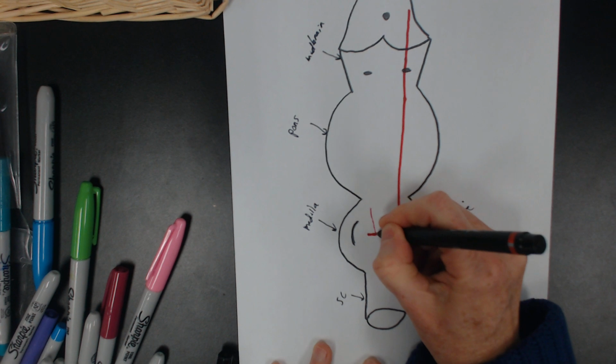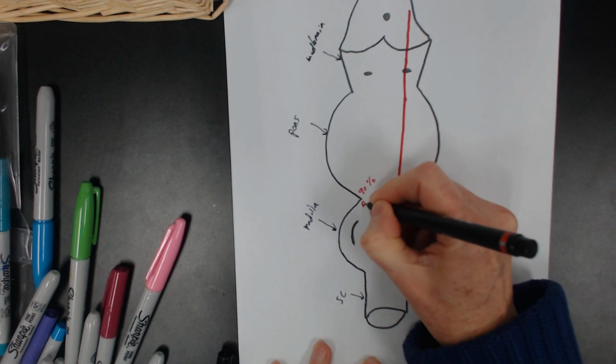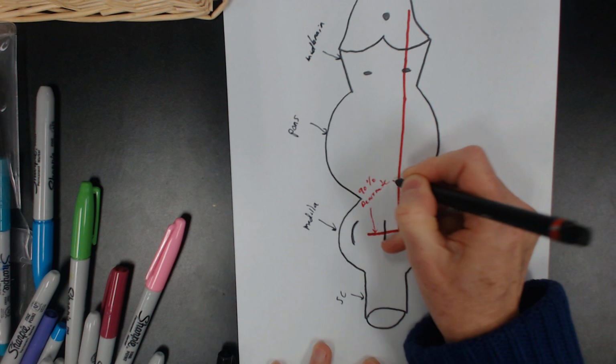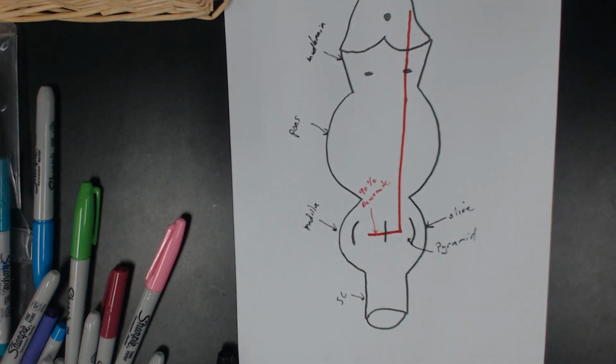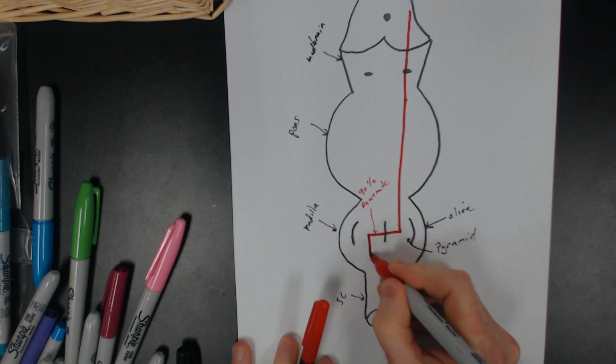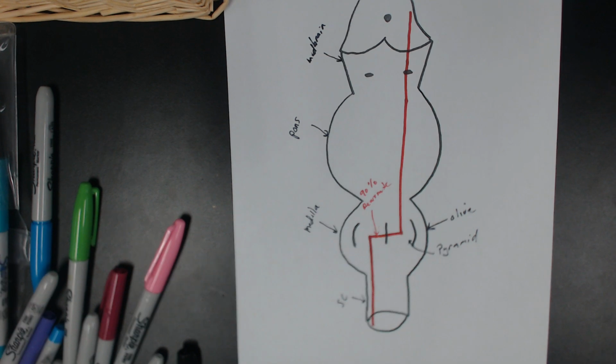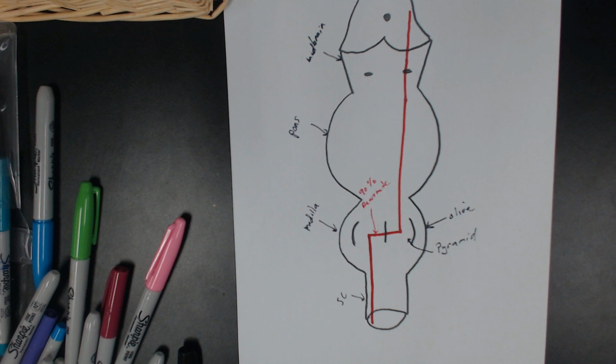Okay, 90% decussate at the level of the pyramid, and then once they decussate to the opposite side, these 90% that decussated travel down as the lateral corticospinal tract.